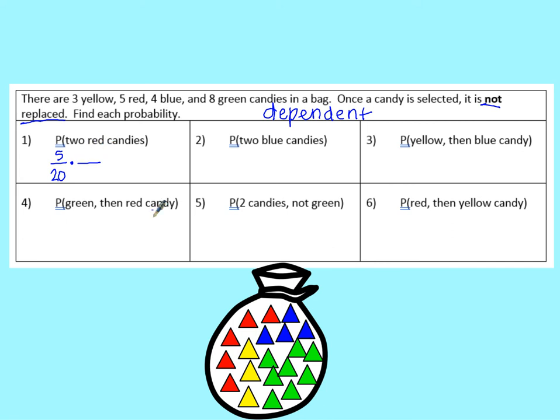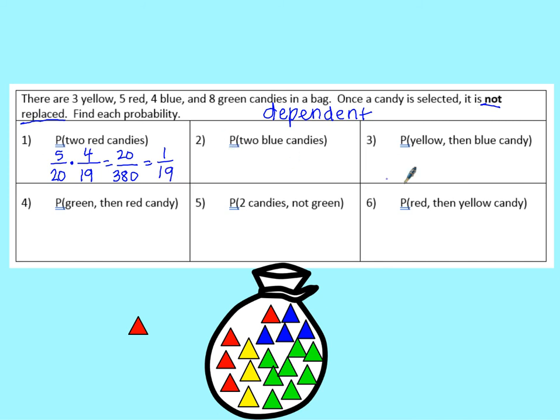If I pull red out the first time, I now am down 1 red candy, and my total is now 19. So that second pull, I only have a 4 out of 19 chance of getting a red candy. On top, I multiply through and get 20, and on the bottom, 20 times 19, which equals 380. These numbers are both divisible by 20, and our fraction reduces to 1 over 19.